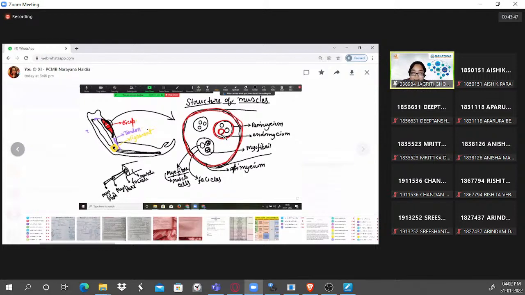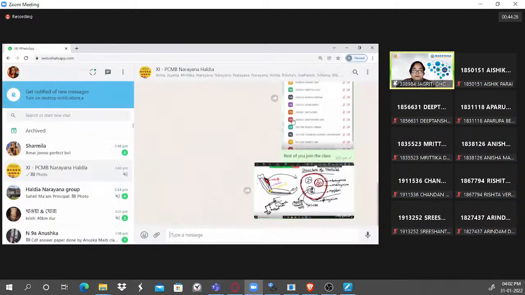Inside these fascicles there are bunches of cells known as myofibers. This entire big circle is a myofiber. This myofiber is a single cell of muscle. Inside it again there are bunches known as myofibrils.